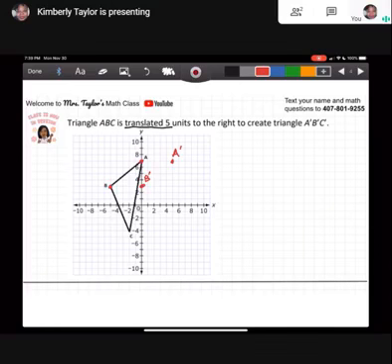And C, you go 1, 2, 3, 4, 5. And this is C prime. And then you're done. You connect your dots, and there you have a translated picture. No big deal there. Let's do another question.